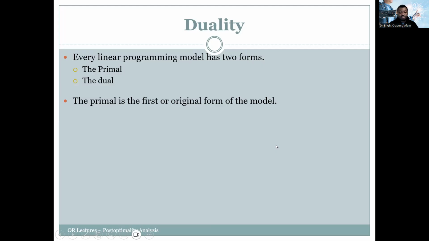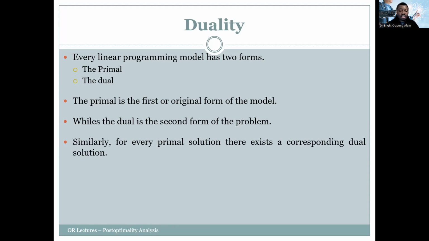The original form of the model, as we've been formulating and then solving, is referred to as the primal, right? However, the dual is the second form of the problem.